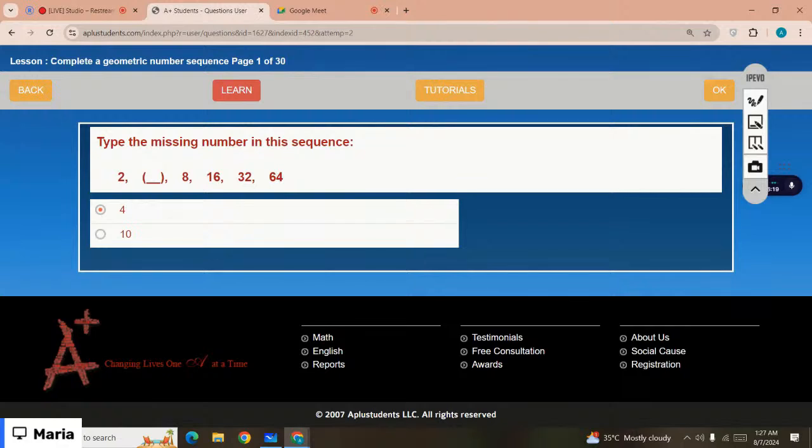So that is 2 times 2 is 4. The correct option is 4.